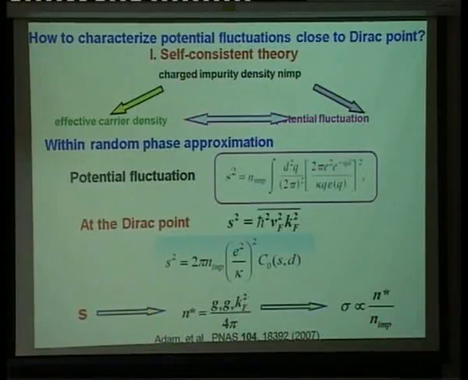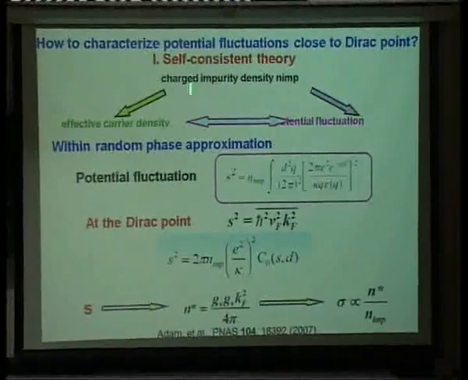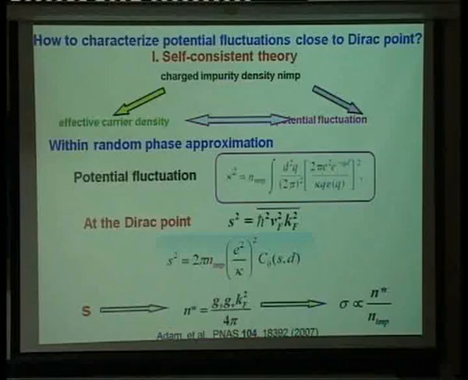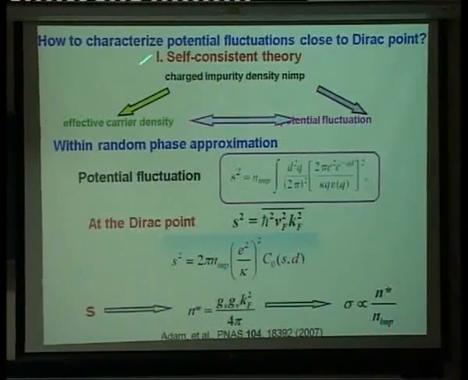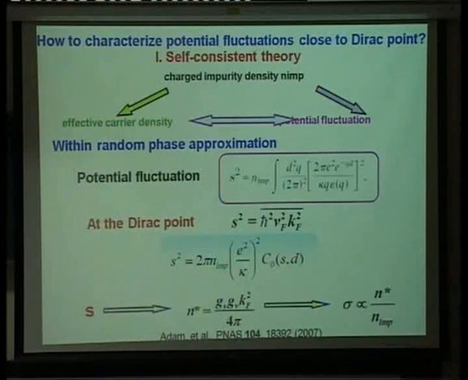So how do you do this calculation? You can do a simple self-consistent calculation, which we did and published in PNAS. You can say charge impurities induce some carriers because of Gauss's law, just a capacitor, and they create some potential fluctuation, and you do this calculation self-consistently. That's the first thing we did.